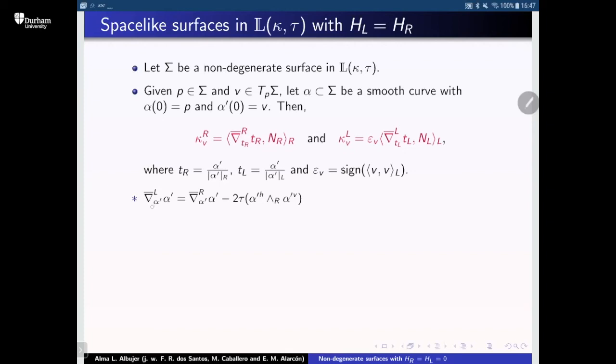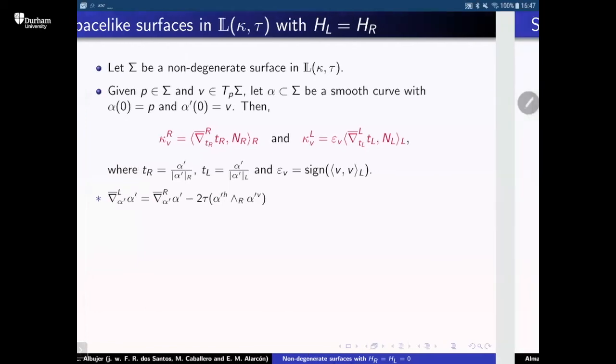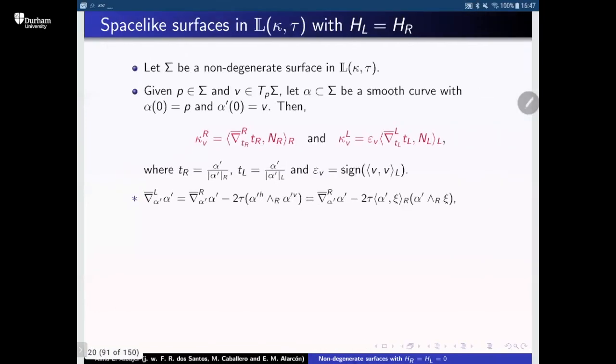So when we compare these two Levi-Civita connections, a term appears that of course involves the horizontal part of alpha prime with the vertical part of alpha prime. And we can just make some computation here. I'm not going to get into the details because I prefer giving only the ideas, but using the relation between both metrics, we can write the vertical part in terms of the Killing vector field, and we can get some relation.